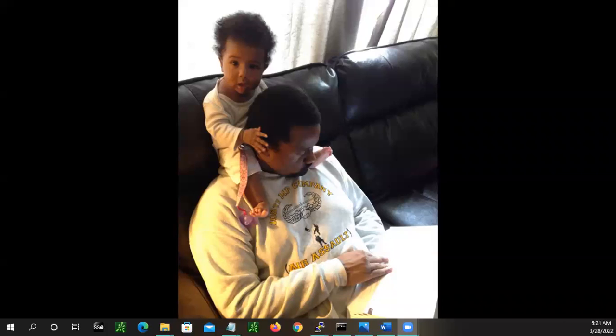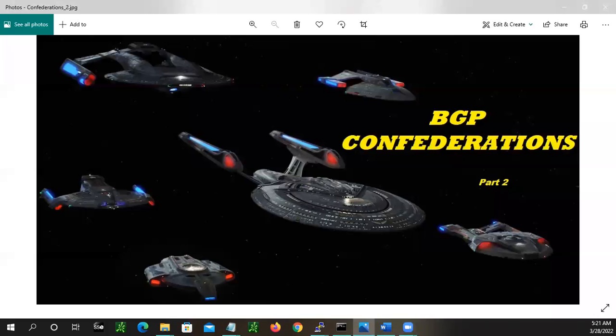So you were looking at an image like this, where I had these starships that I was using to give a visual of how the Confederation actually looked from a visual standpoint.